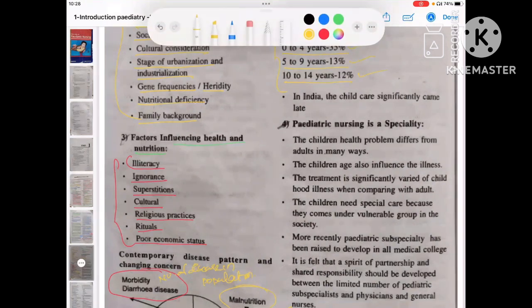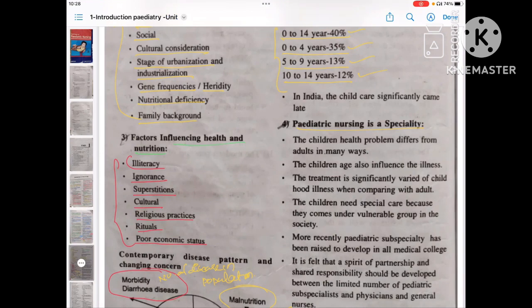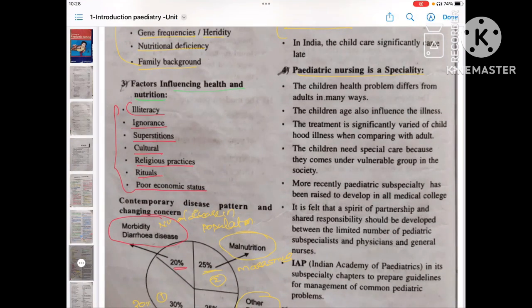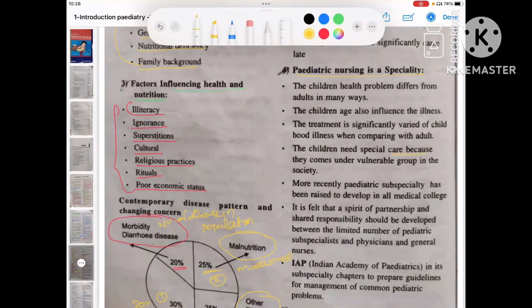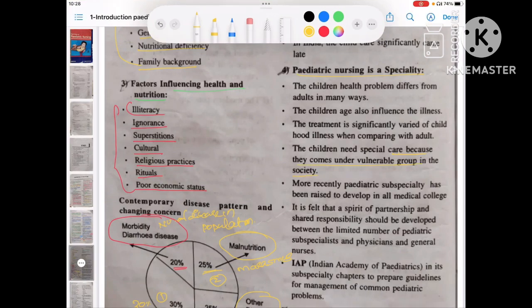The children's health problems differ from adults in many ways, and children's age also influences the illness. The treatment of childhood illness varies significantly compared with adults. Children need special care because they come under the vulnerable group in society.